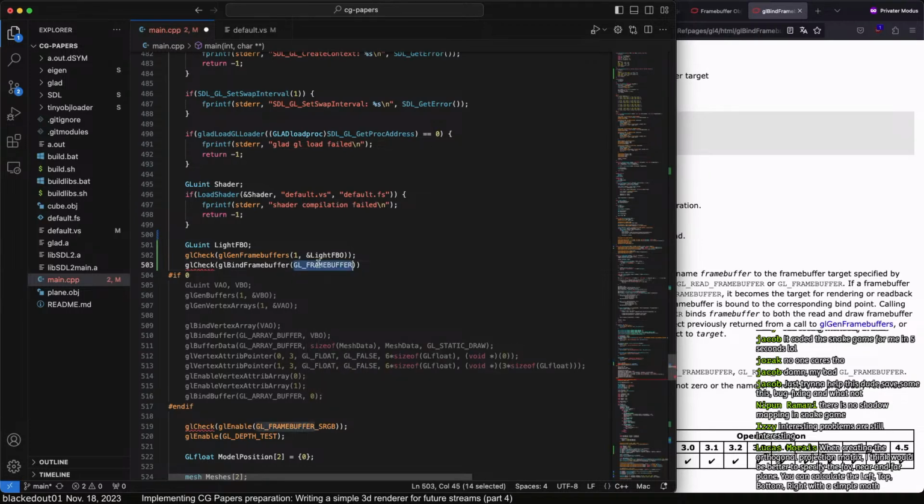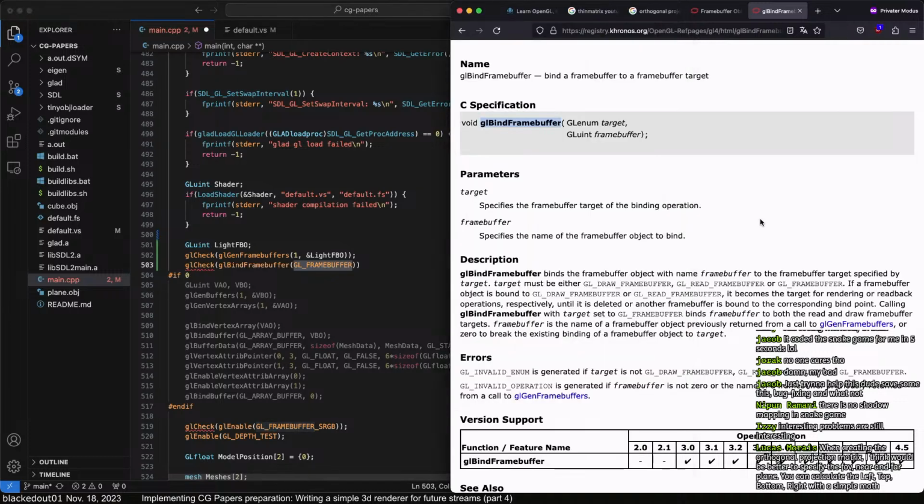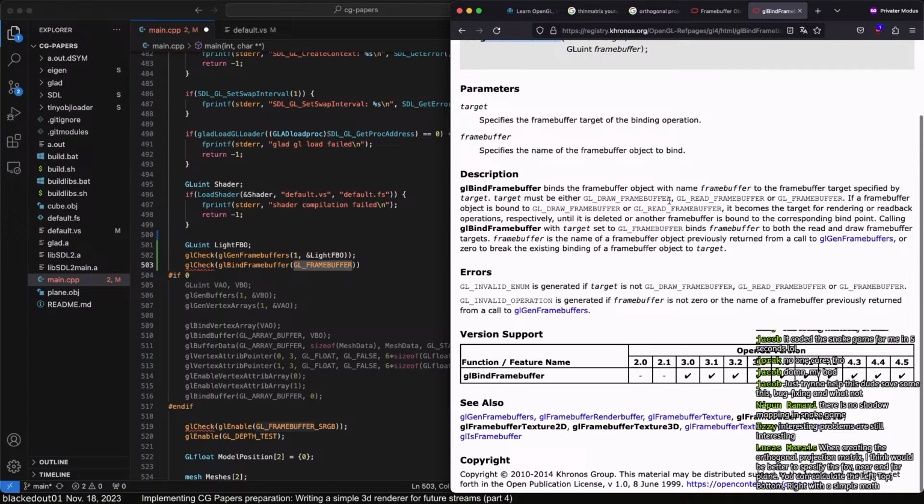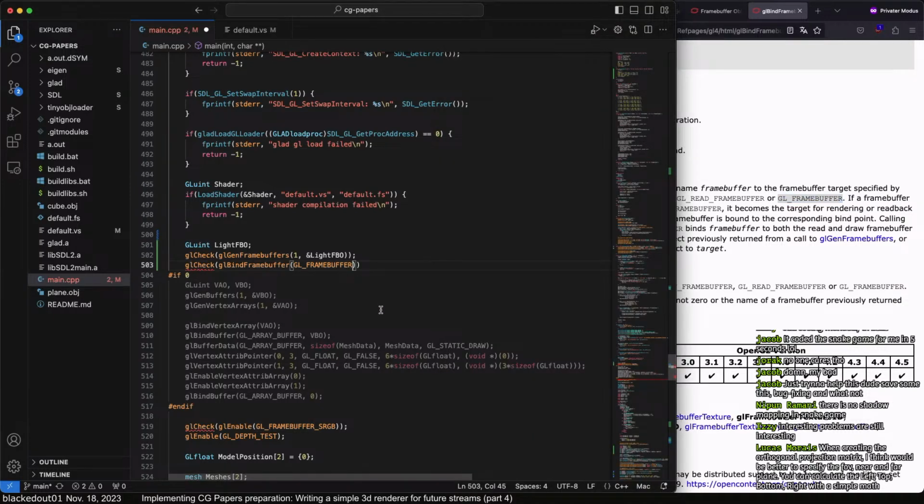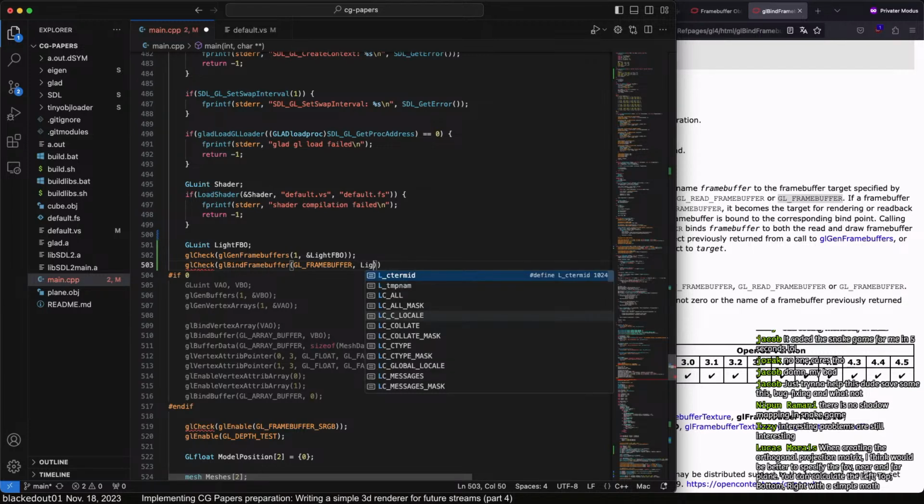It seems like you can specify different targets for reading and drawing, but we want to do both. So let's just use this one and then bind this.